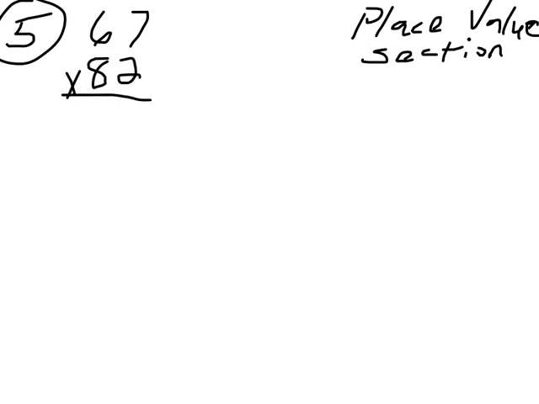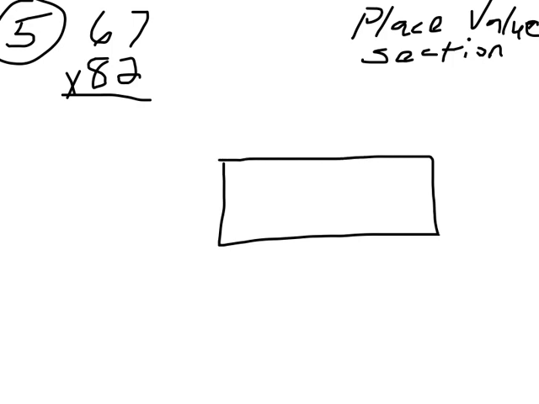So what we do is we make our large rectangle here, and we have 67 times 82. So we're going to take the larger number of the two factors and put it on the long side of our rectangle.